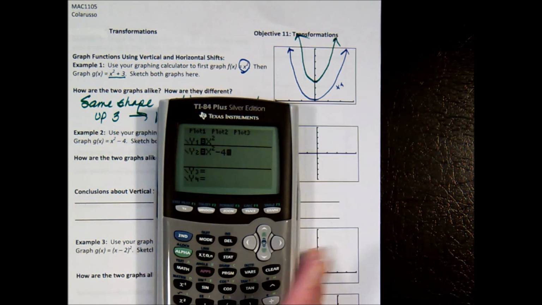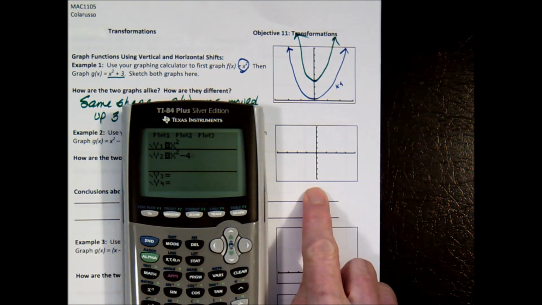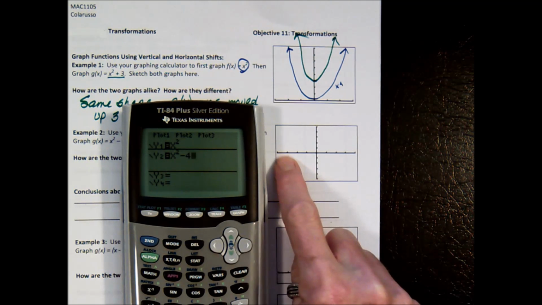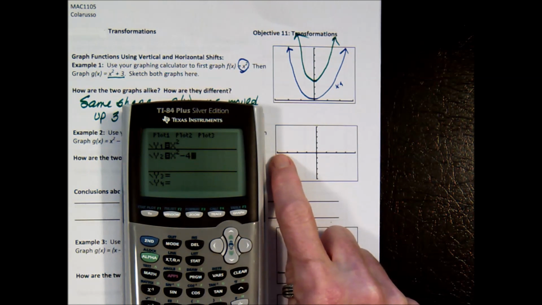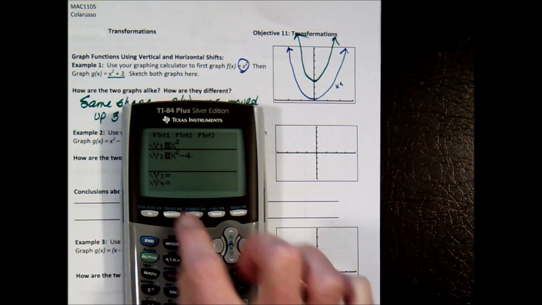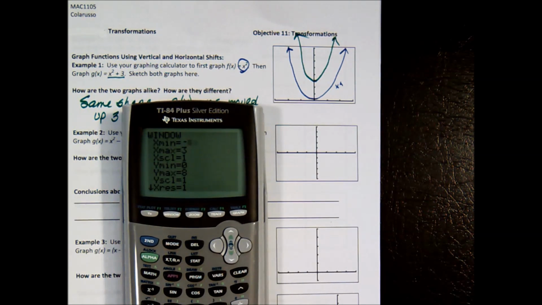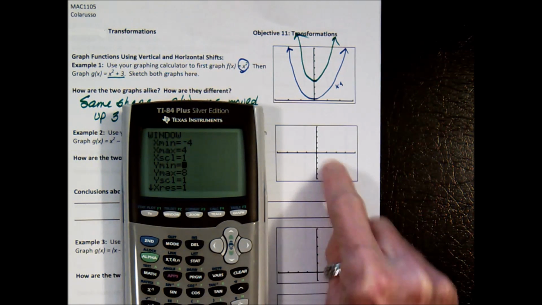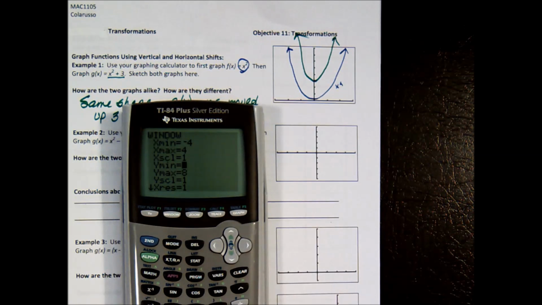Now we're going to change our window, as you can see from our picture here, that x's are going to be negative 1, 2, 3, 4. So let's go into window, -4 to 4. And then our y's are negative 1, 2, 3, 4, 5. So we're going to go -5 to positive 5.